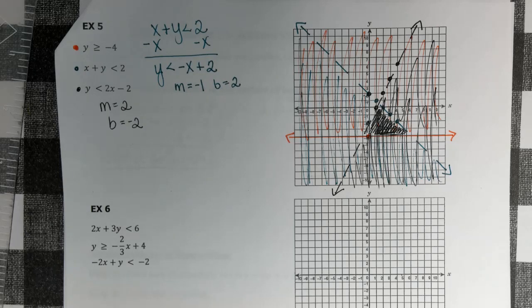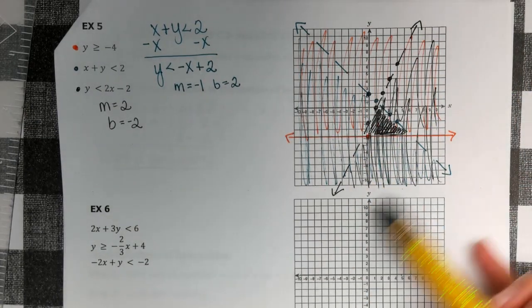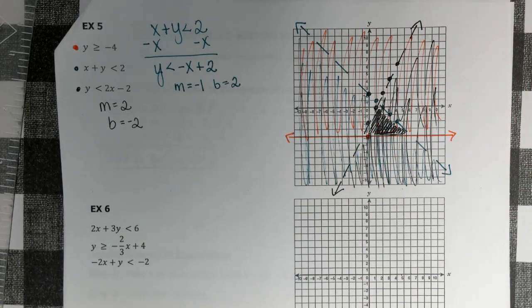If you have a hard time seeing where it's overlapped, you could do different directions. So you could do up and then sideways and then diagonal if that helps you. Okay.